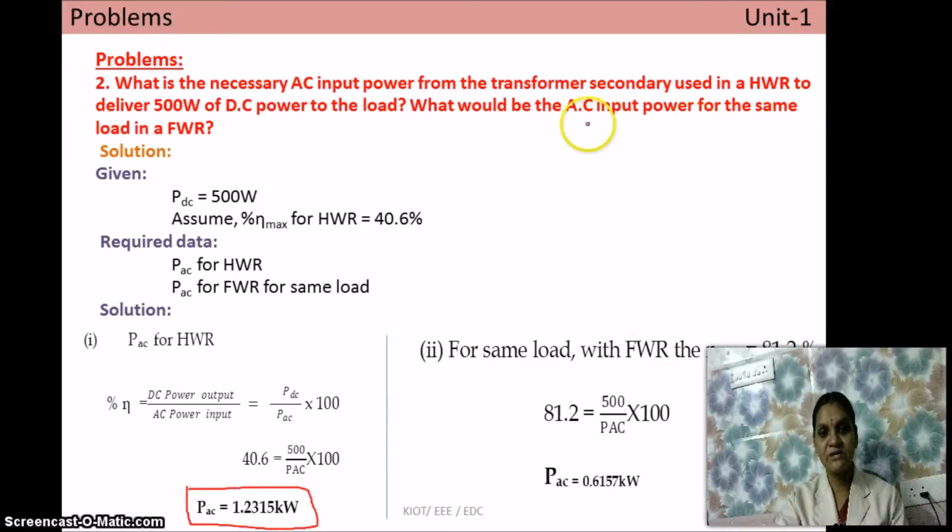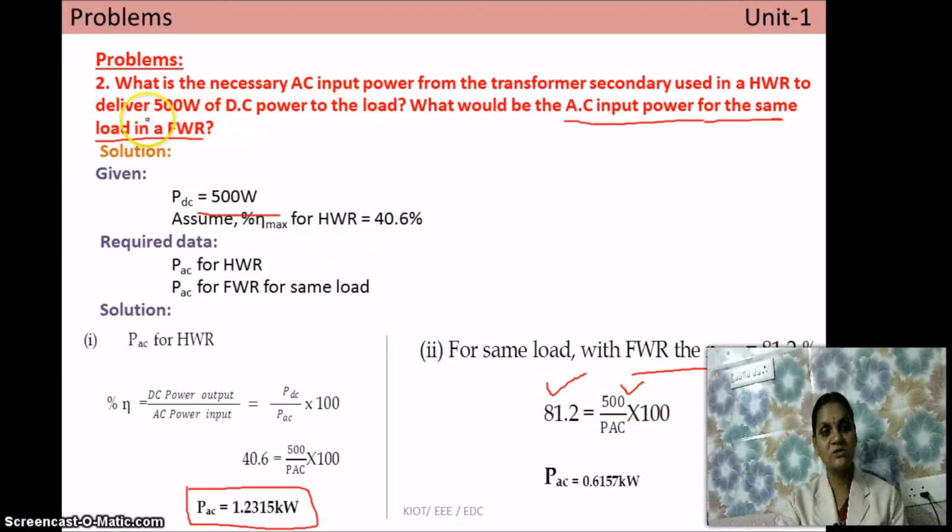Here one point is given, that it is for the same load in the full wave rectifier. Whatever load we considered in the half wave rectifier, the same load we have to consider for the full wave rectifier, but for that we have to calculate the AC input power. So for the full wave rectifier, the efficiency formula is PDC by PAC. PDC is 500, because it is given that the load is the same.